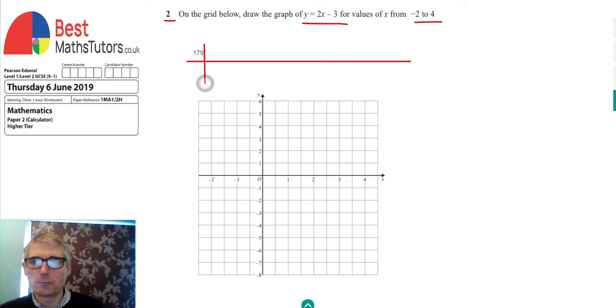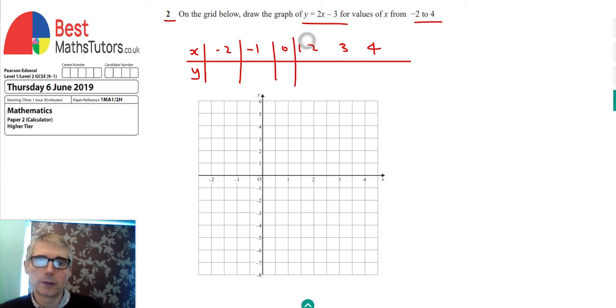So for each x value, we've got a y value, and we can say x is going between -2, so -2, -1, 0, 1, 2, 3, 4. And so for each one of those values, we can work out what the corresponding y value is going to be.